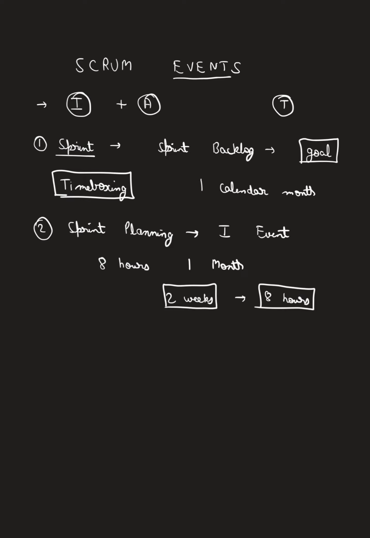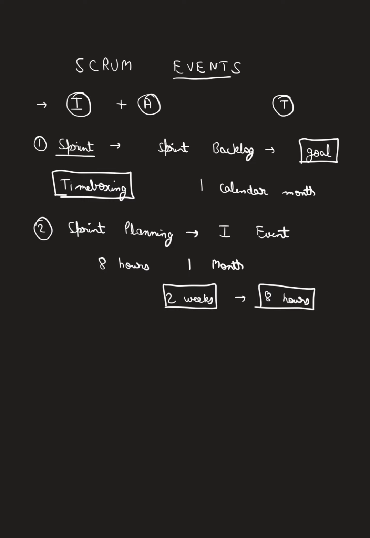Since I told you that Scrum is self-managed, teams have to decide it on their own, but it cannot be more than 8 hours. If it is going beyond 8 hours, then the Scrum Master needs to come in between and say how they can reduce the time duration. So, 8 hours of sprint planning for a 1 month sprint.